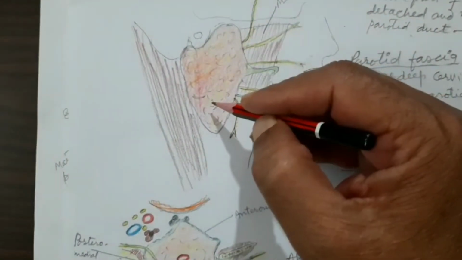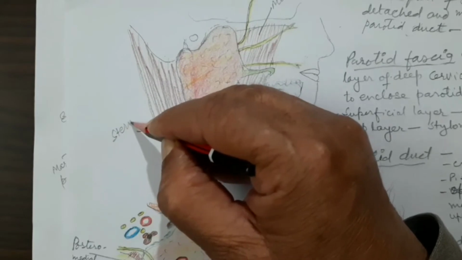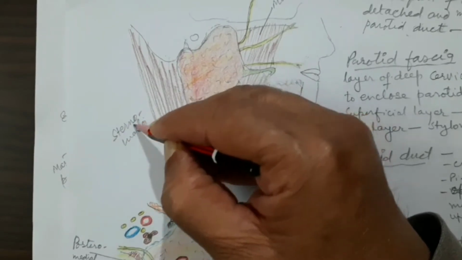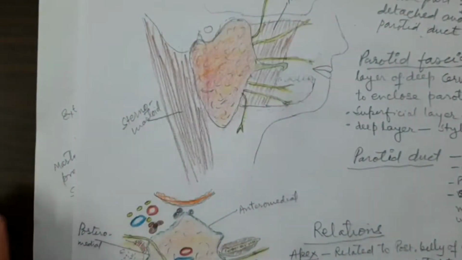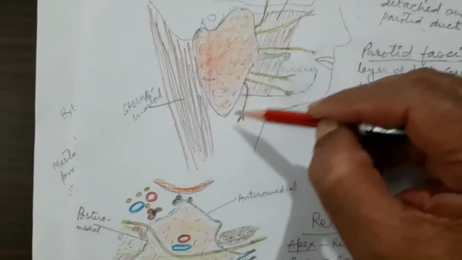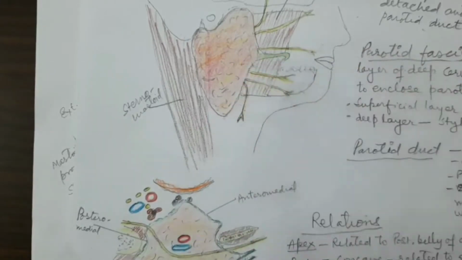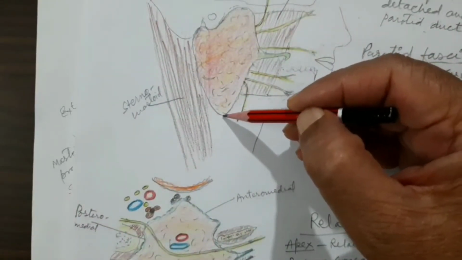Then here this is the sternocleidomastoid or sternomastoid muscle, which extends above up to the mastoid process and the lateral half of the superior nuchal line. So this is the parotid area in which this irregular parotid gland is situated. I was telling you that it has an apex.